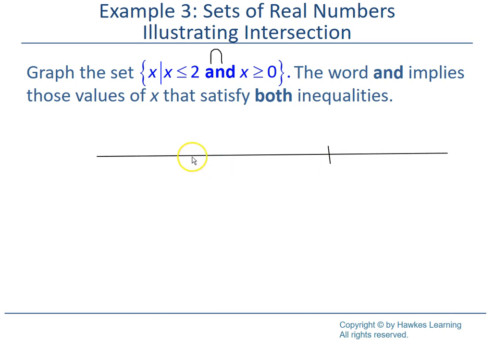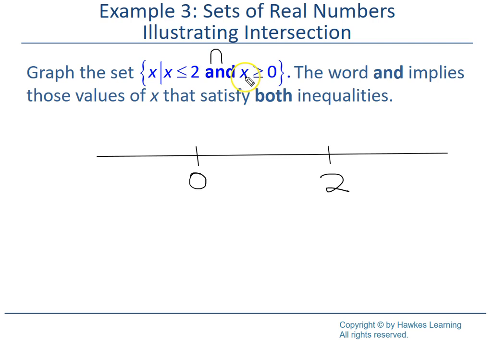And we have a 0 there. Let's get the right pen here. And we have a 2. Now, we could put these on two separate graphs and then see something, but we'll put them on one graph because it's an intersection.